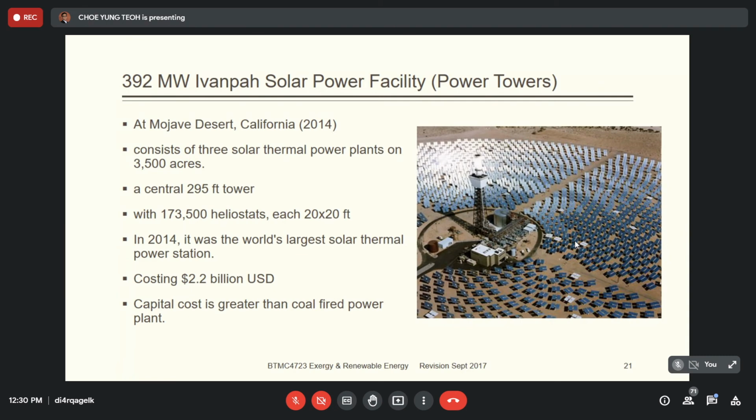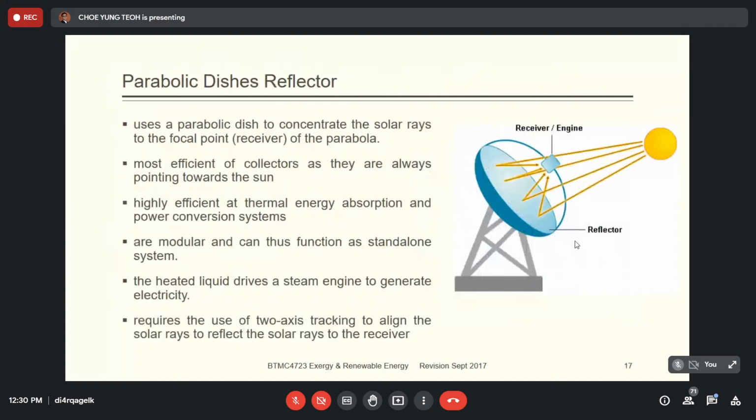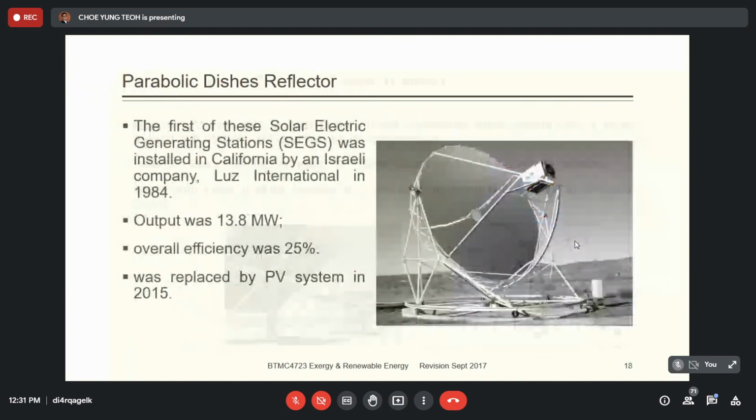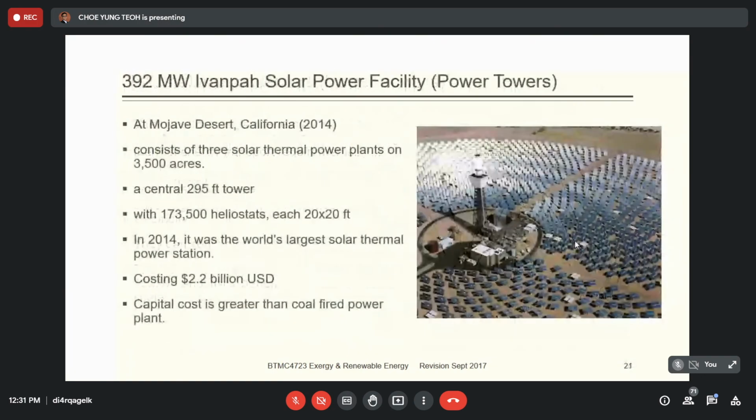And as I said, remember that the first one was the largest commercial power plant until 2014. And then who actually overtook this, which is the power tower. Okay, it was completed in the year 2014 and became the world's largest solar thermal power station, costing about 2.2 billion USD.